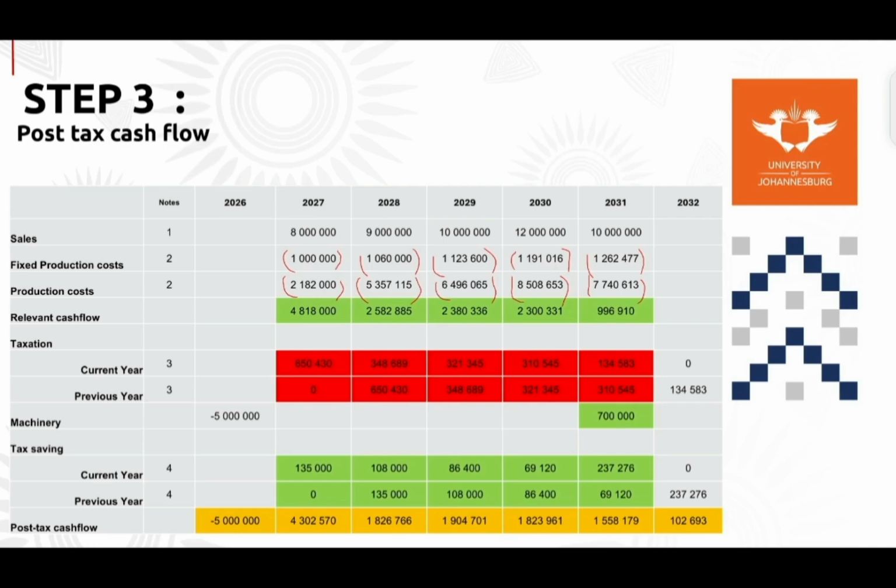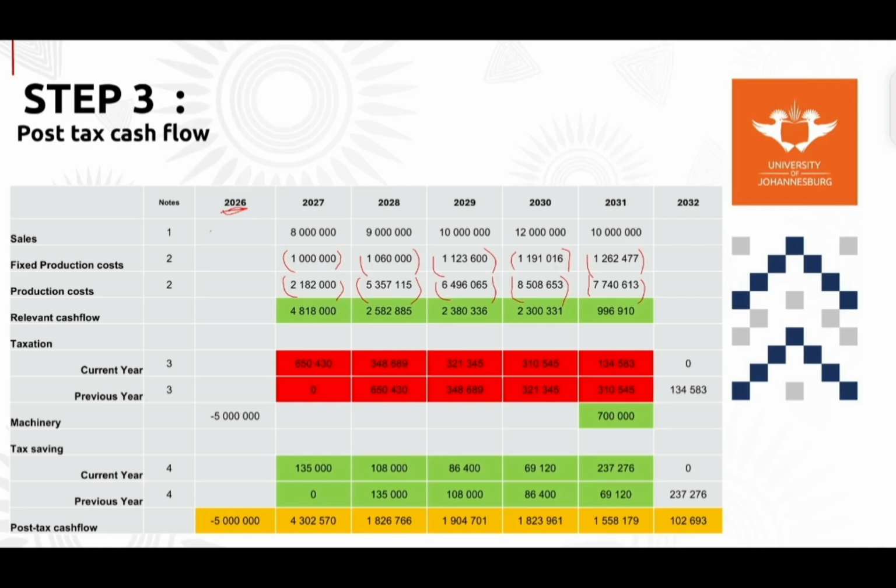And then you've got that value, and then we've got the tax, you plug it in, right? And then here's your 5 million that you had invested in 2026. Then you've got your taxation that you have to pay, right? And then you've got your taxation that you got to save from the previous slide that we were calculating, right?